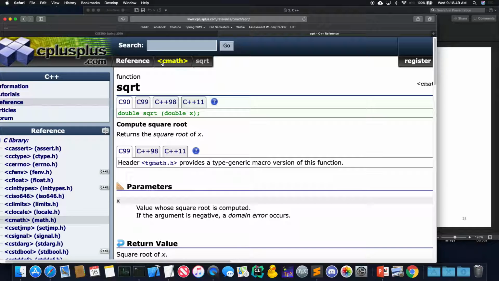Okay, so we see this thing in angle brackets up here. What are those things called that are in angle brackets? It's some kind of preprocessor directive. Okay, well, it says that it's in the cmath, whatever that is, header or directive. And so maybe we need to include that directive at some point.